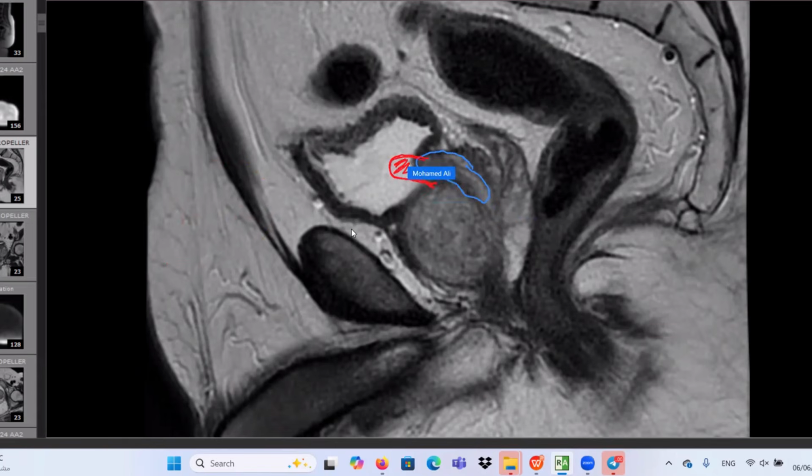And this pedunculated component is called hypertrophy of the median lobe of the central zone. It's called the median lobe because it is located between both ejaculatory ducts, and pedunculated hypertrophy of the median lobe can prolapse to encroach upon the prostatic urethra, inducing urinary obstructive symptoms.